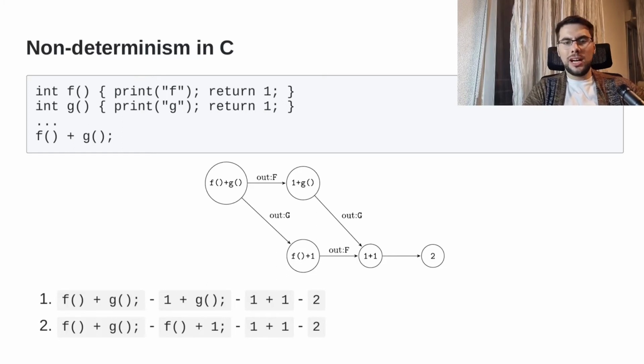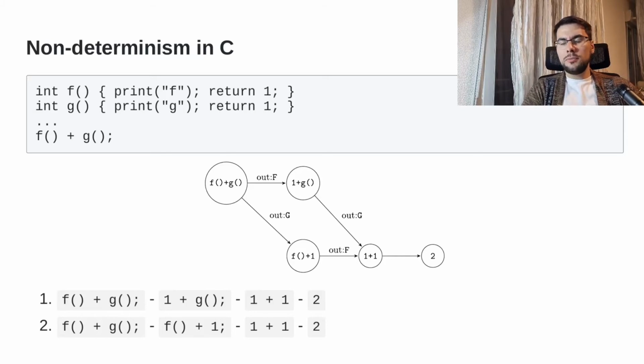Let us demonstrate how a program in C can have multiple behaviors, and be non-deterministic, just like a finite state machine. Consider two functions, f and g. Each of them outputs its name and returns an integer 1.